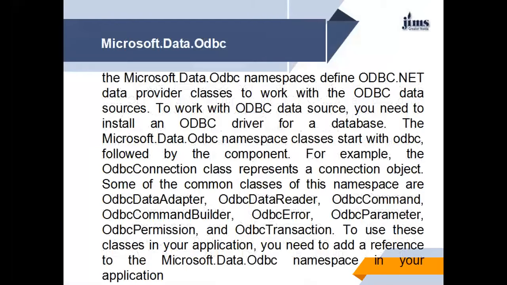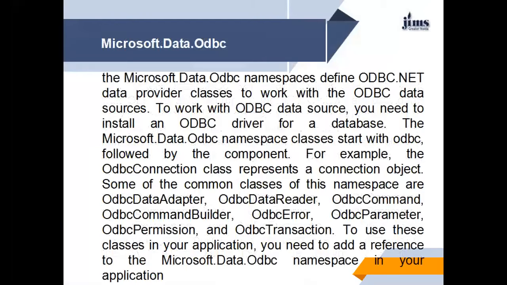Now the next namespace is Microsoft.data.odbc. The Microsoft.data.odbc namespace defines ODBC.NET data provider classes to work with ODBC data sources. To work with an ODBC data source, you need to install an ODBC driver for a database. The Microsoft.data.odbc namespace classes start with ODBC, followed by the component.